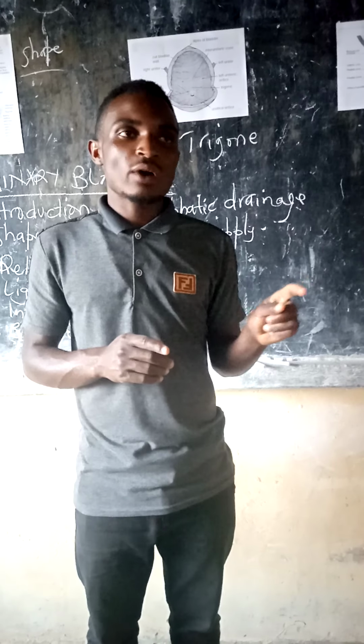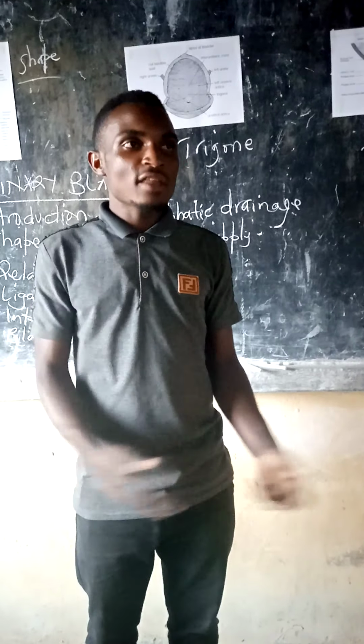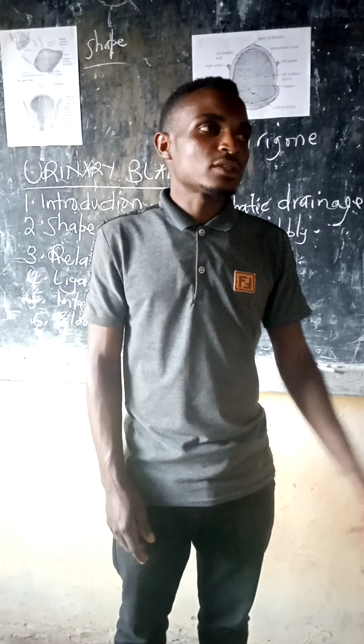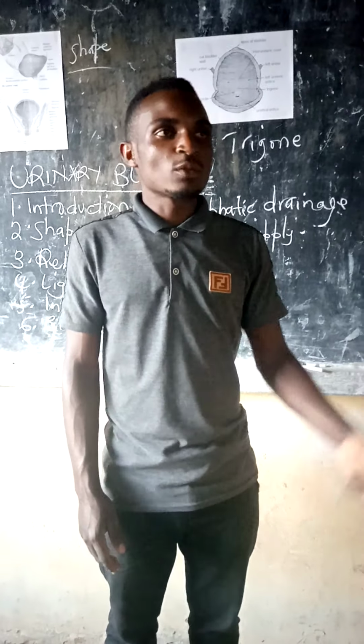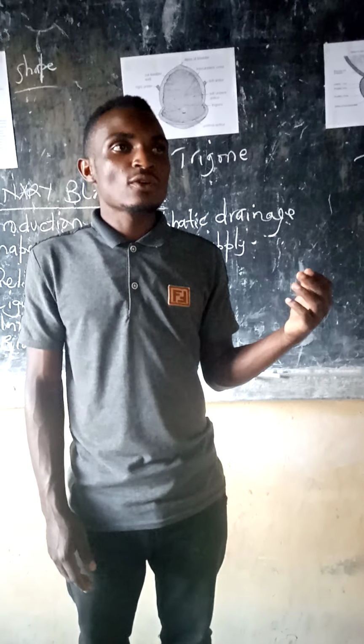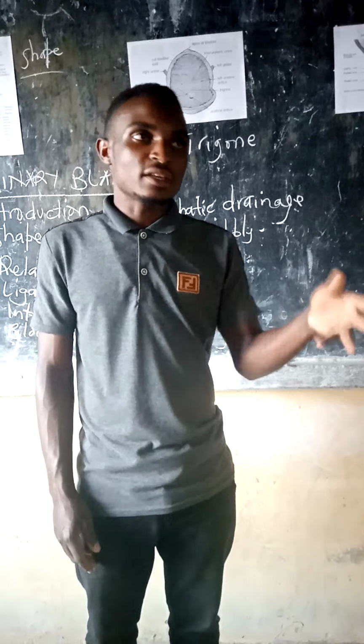Then there are other blood vessels, but we can call them minor blood supply to the bladder, and that is from the obturator artery, the inferior gluteal artery, the vaginal artery in a female, and also the uterine artery in a female. That is it for the arterial supply.